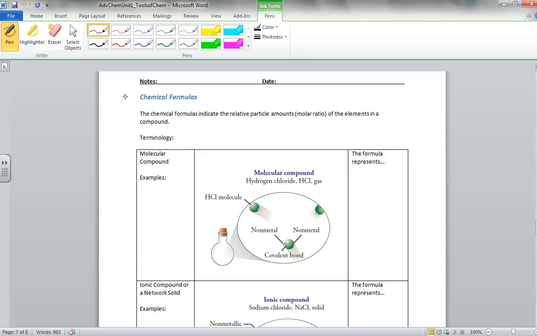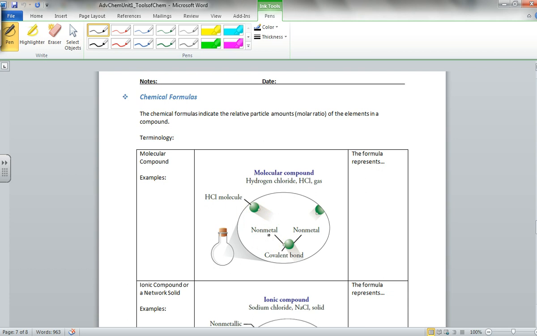Now, a molecular compound is a substance that has 2 nonmetals bonded together, and when the atoms of these nonmetals bond together in some ratio, they form something called a molecule, which is a discrete unit. A good example of a molecule is the hydrogen chloride molecule, where you have 1 single hydrogen and 1 chlorine bonded together, and that molecule is separate from another molecule. Hydrogen chloride, the identity comes from the combination of these two.